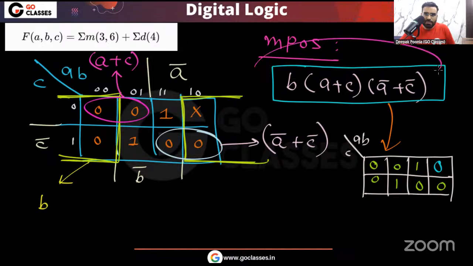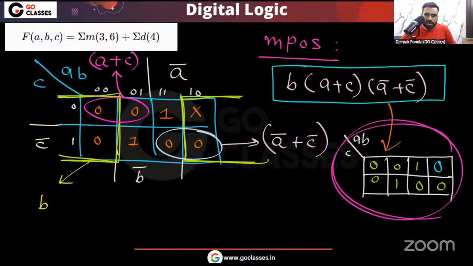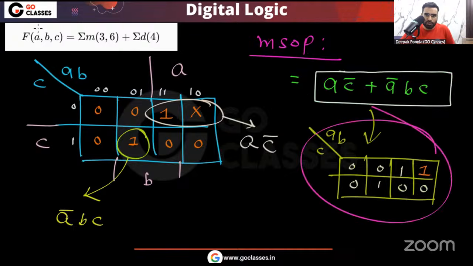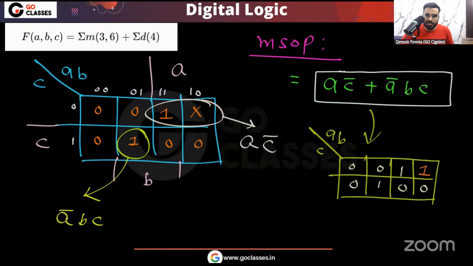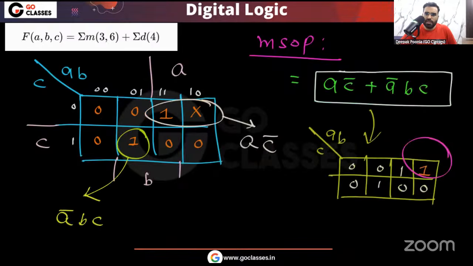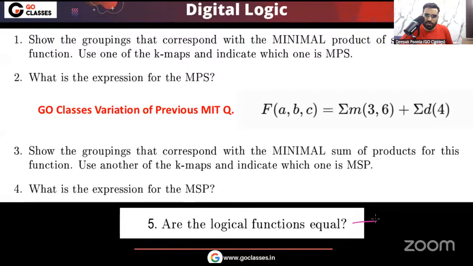So this minimal POS expression corresponds to this K map, and this minimal SOP expression corresponds to this K map. They are definitely not logically equivalent, because here this is 1 and here this is 0. Yes or no? I hope you understood. So finally, are they logically equivalent? The answer is no.